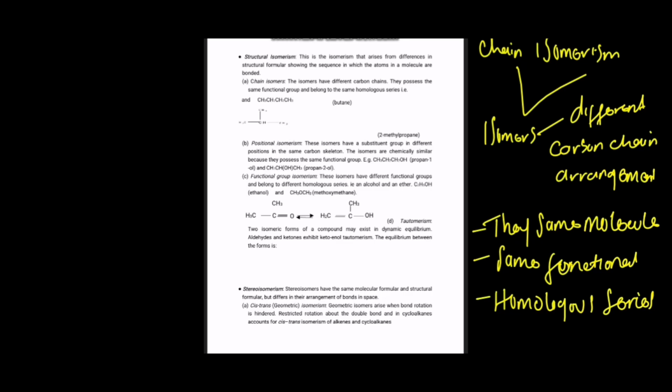Altogether, that is what chain isomerism is talking about. They have different carbon chains, but they possess the same functional group, the same molecular formula, and they belong to the same homologous series.